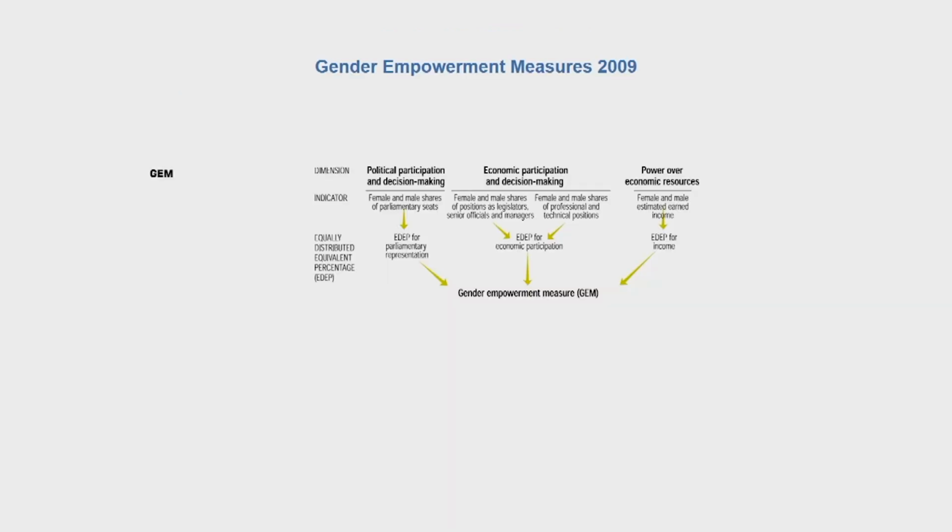Now, apart from the gender development index, there is another measure which was introduced in the report of 1995, and that was referred to as the gender empowerment measure, and this is much different from the gender development index. A little discussion on what the gender empowerment measure is and what its implications are.